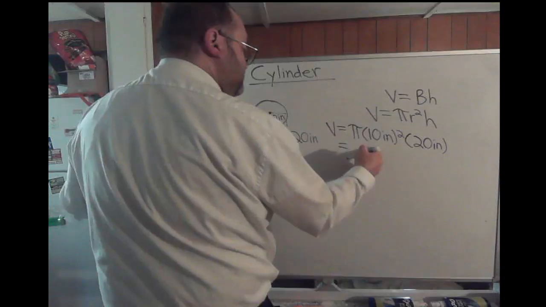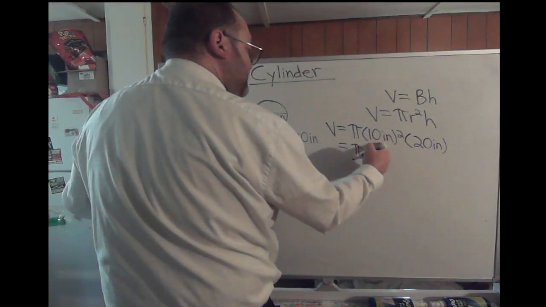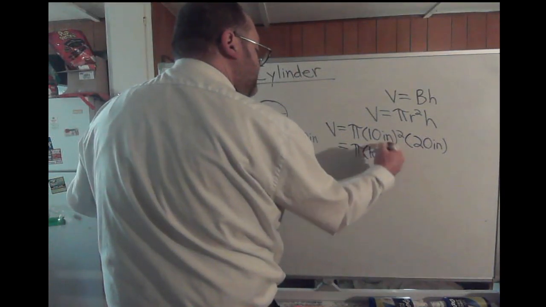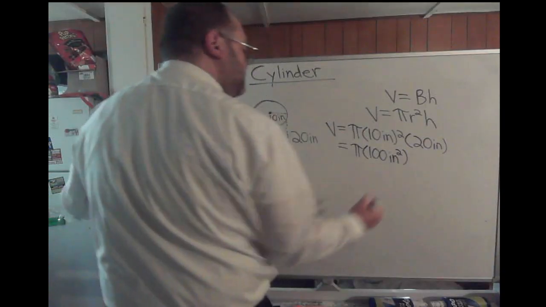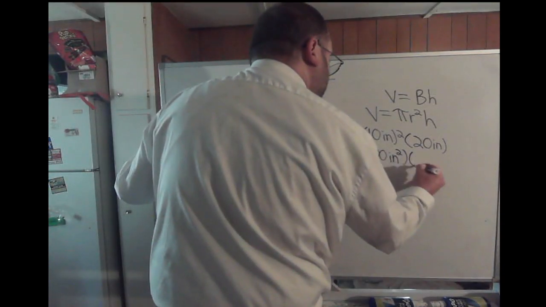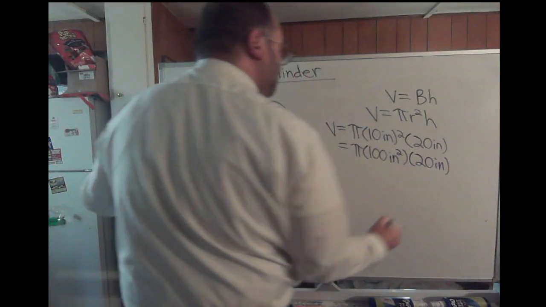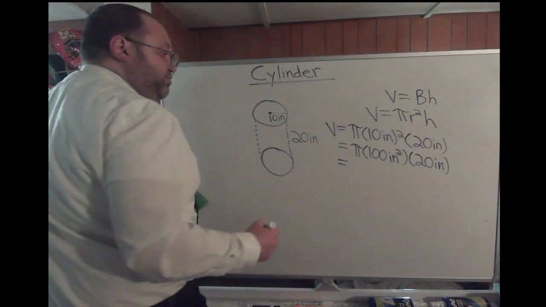Well, let's do the exponents first. You'll do pi times, see that 10 to the second power, that's 100 inches to the second power, which is just square inches, times the 20 inches for the height of the cylinder. Let's simplify this before we bring pi into it.